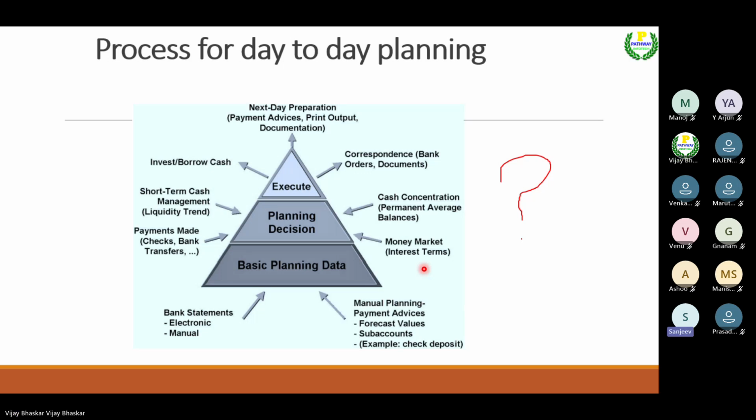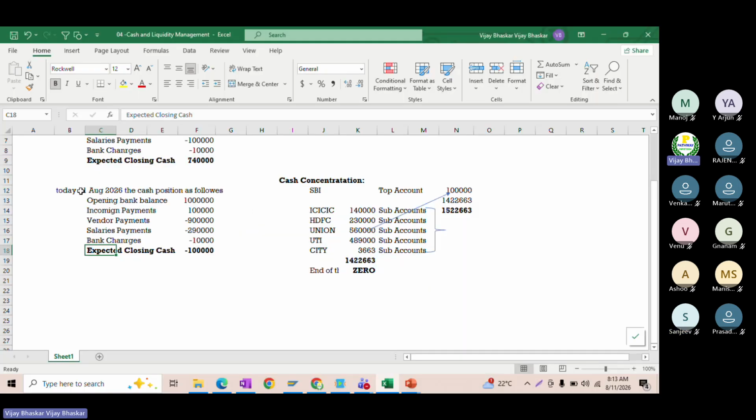Sir, can you please explain next day preparation with one example? This is already given, right? Sanjeev, you could see here, this is one of the examples I have already given, for next day preparation. By the 11th of today, you are doing planning for tomorrow, let us assume the 12th of August.